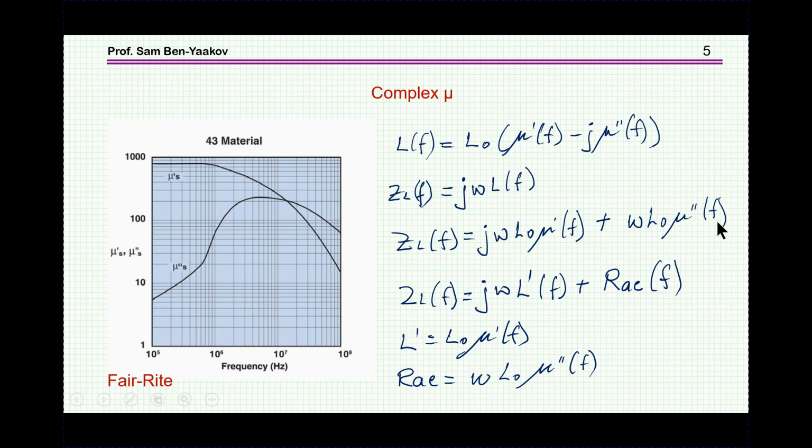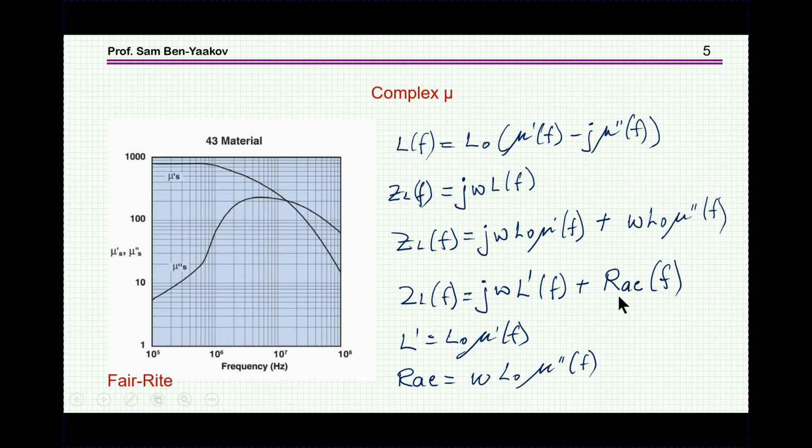But you'll get here another component, which is a real one. So this is a resistor, the resistive part of the impedance. And this is what you want, in fact. This is something that you get for free, and this gift is not very welcome. So this is what you want. The total impedance of such an element will be the inductive part plus an R_AC part.